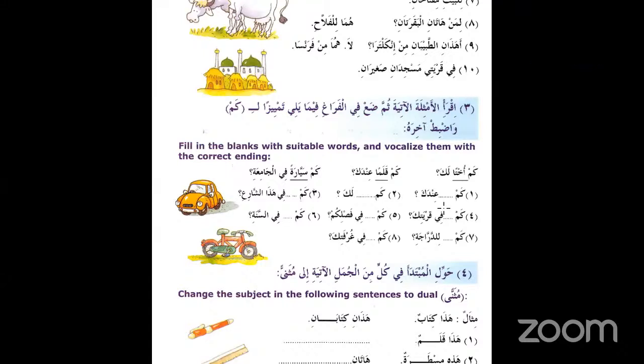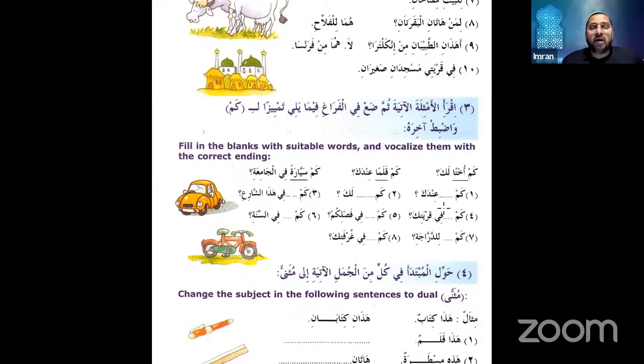Let me remind you of two things. Whenever la comes with a pronoun, as in kam ukhtan laka, this indicates possession or relationship. So how many brothers you have, how many sisters you have, you say kam ukhtan laka. And when it's objects, it's indaka.